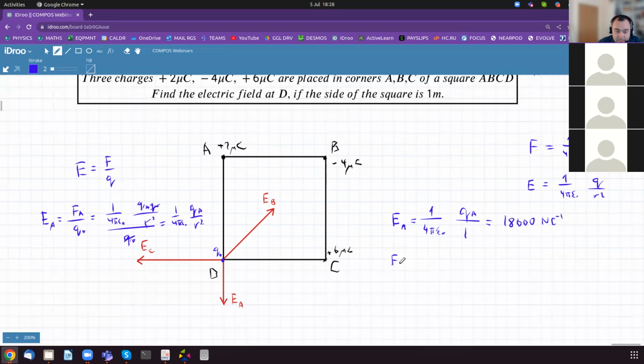EB, the electric field from B, is a very similar expression: 1 over 4 pi epsilon naught QB divided by, now the distance, if this is 1 meter, this is going to be square root of 2 meters.